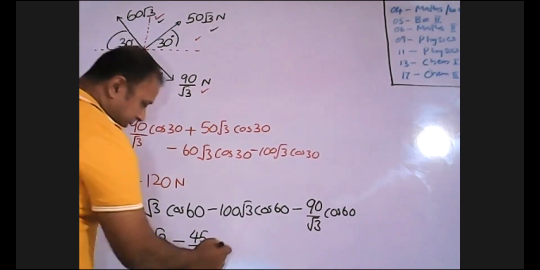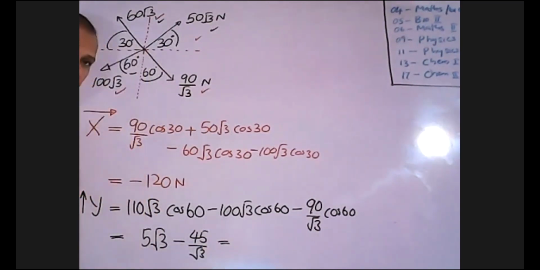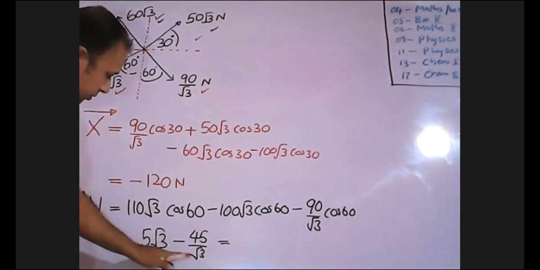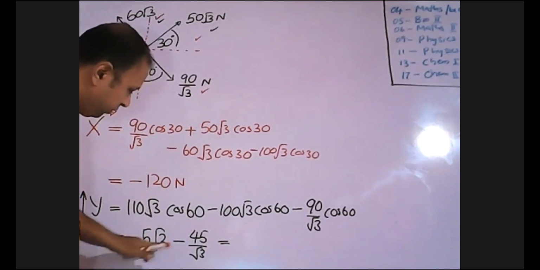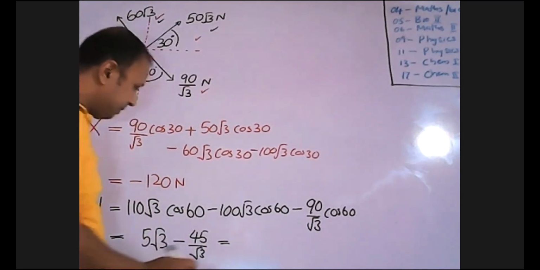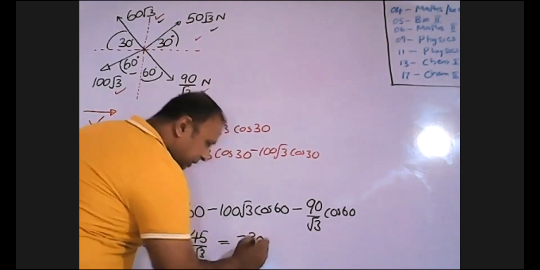So if you take root 3 as the common denominator, root 3 into root 3 will be 3. 3 into 5 is 15. 15 minus 45 means minus 30.